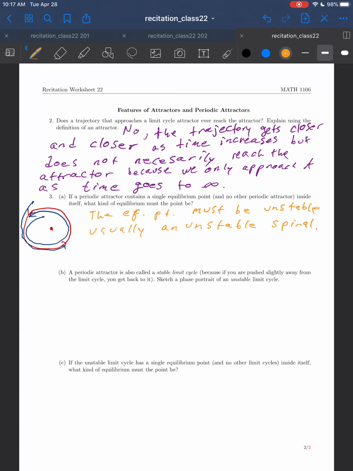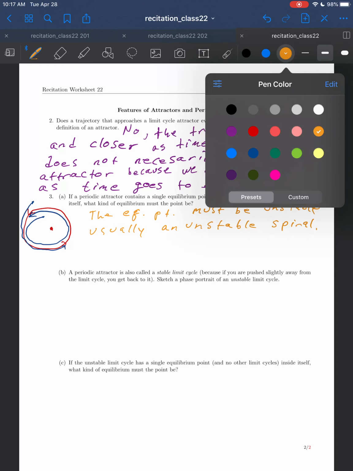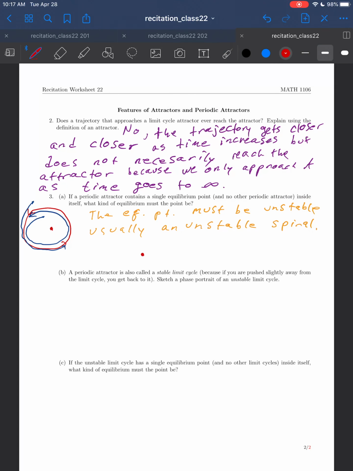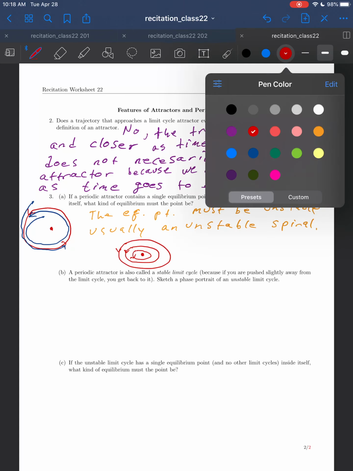We want to note quickly that it does matter that there's not another periodic attractor or anything else going on inside the first one, because we could imagine a scenario where we had a point, and then we have our loop, but we might have other loops inside. If we get the stability right, we could make the innermost one unstable.